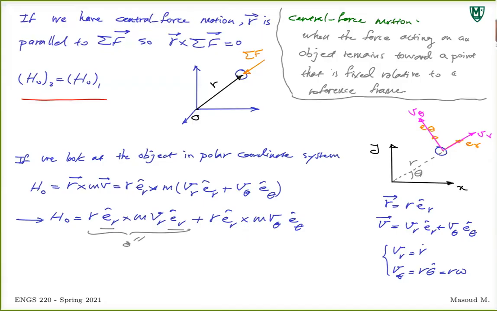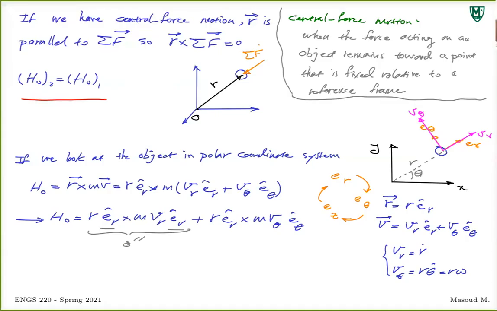Now, remember the cross product, we are in a right-hand orthogonal coordinate system. The general rule, if you remember, was ER, E theta, EZ. EZ being out of the screen. EZ is always there, we don't really talk about it.